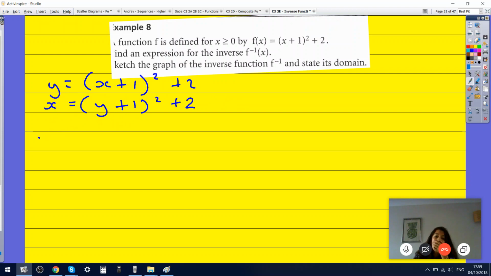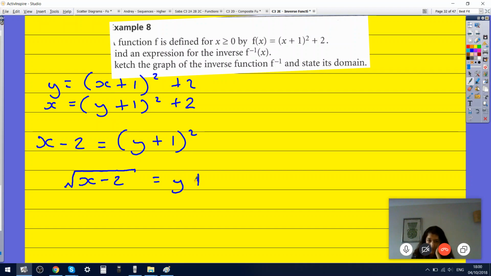So go back to your original way. x minus 2 equals (y plus 1) squared, then square root both sides, so we get square root of x minus 2 equals y plus 1, then y equals root of x minus 2, minus 1. Yes, so minus 1 plus root of x minus 2.